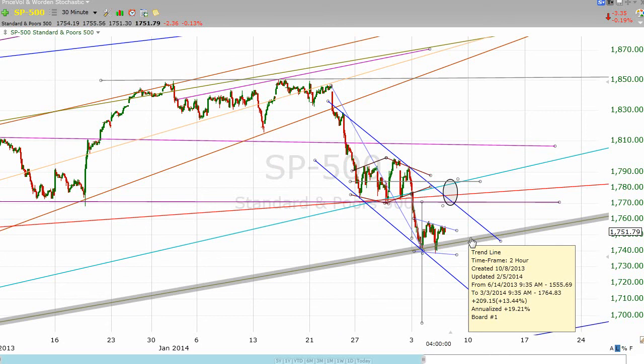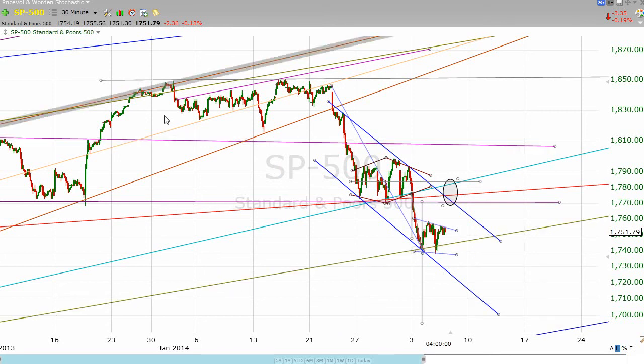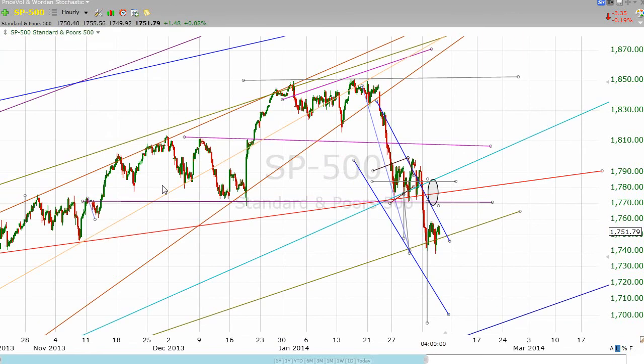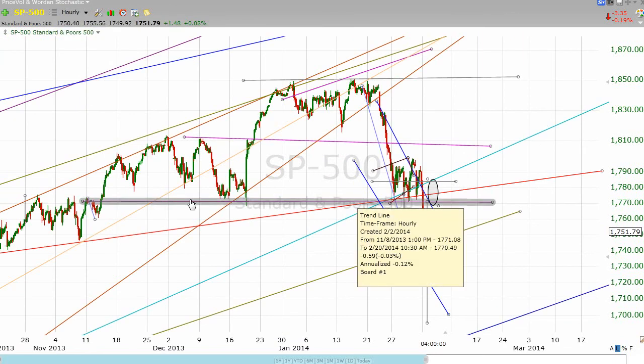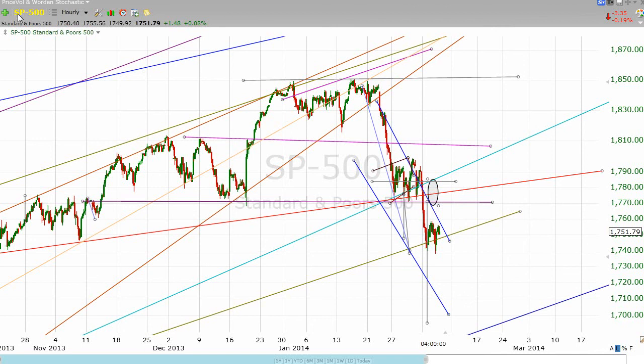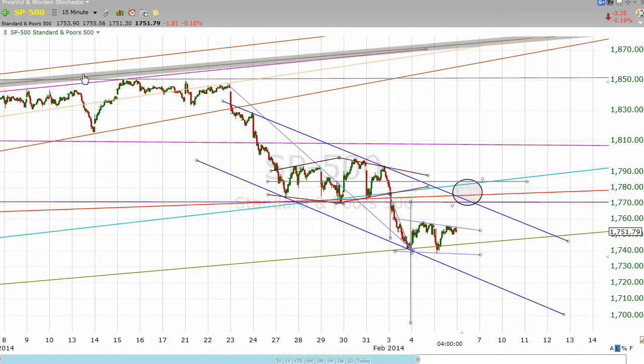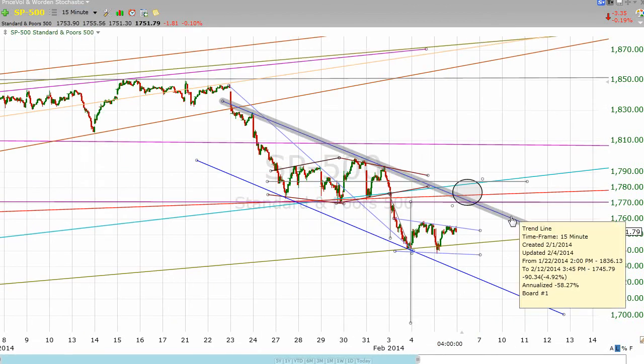So for right now, I think the thing to watch is to see if this line can overcome what looks to be a significant amount of selling pressure that should have built up from what, for all practical purposes, looks to be sort of like a head and shoulders top. The thing to watch, I think, is this top channel line.